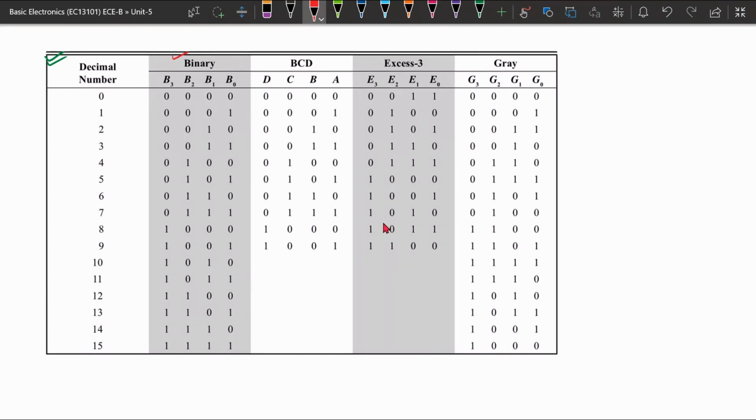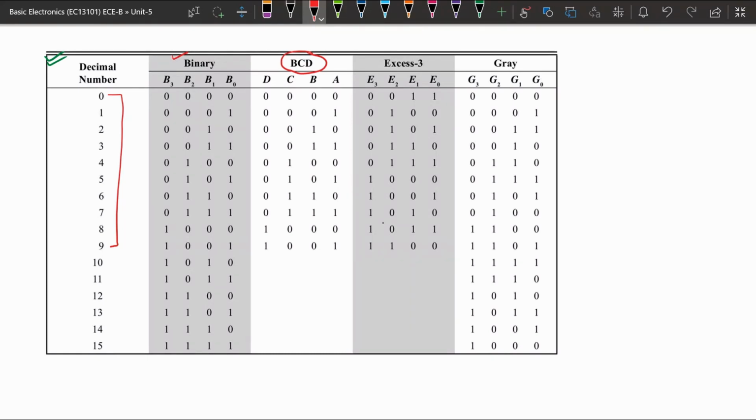BCD is defined only for 0 to 9, because each digit of a decimal number is represented by 4 bits. So up to 4 bits we can represent it, and 9 is the last one considered here.